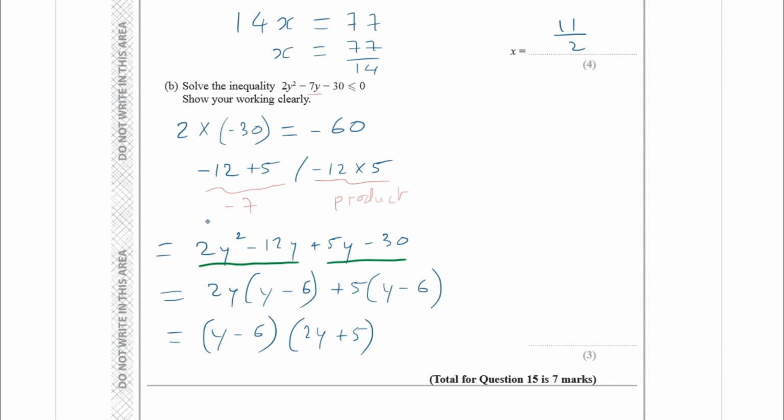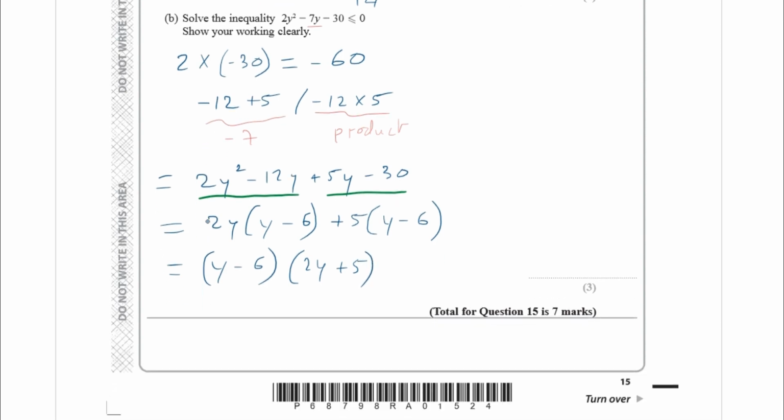Now this is quite handy because you can solve this equation. So trying to think about ways in which this is going to equal 0, you can say y minus 6 equals 0, or 2y plus 5 equals 0. y equals 6, or 2y equals negative 5, and this will lead you to y equals 6, or y equals negative 5 over 2.